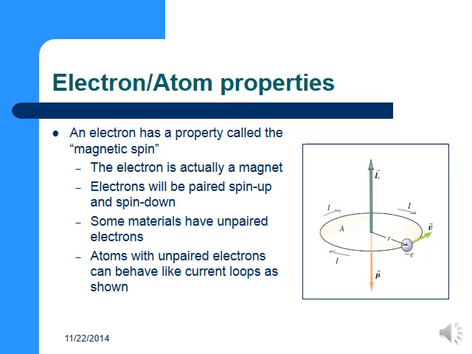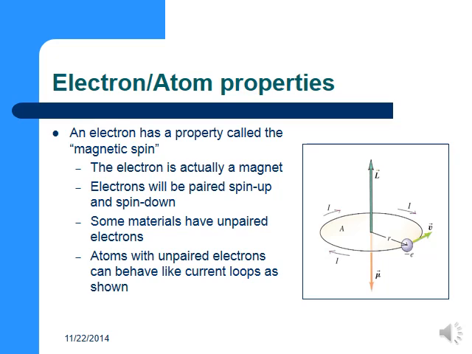In addition to orbiting the nucleus, each electron has a property called its magnetic spin. Think about that as the electron rotating about its own axis, although it's much more detailed than that, but for our purposes we'll consider that the magnetic spin. And this means that an electron is actually a magnet. In certain substances, electrons will be paired, spin up and spin down, so these magnetic moments will cancel each other.